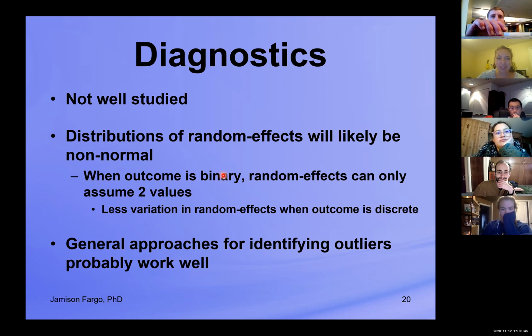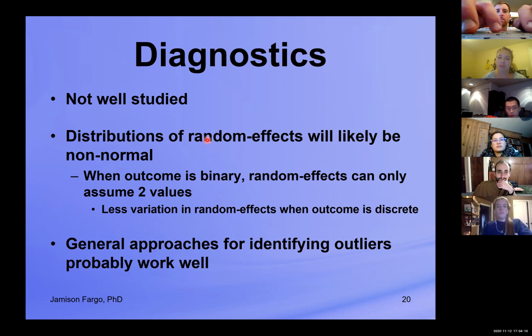Okay, diagnostics. Not well studied. I have a sad face. We still haven't figured out really well how to do diagnostics on GLMMs. We do want to check the random effects, but it's highly likely our random effects are not normal.